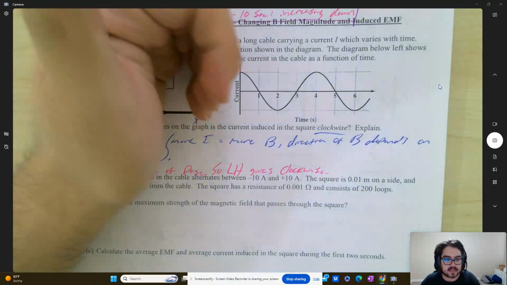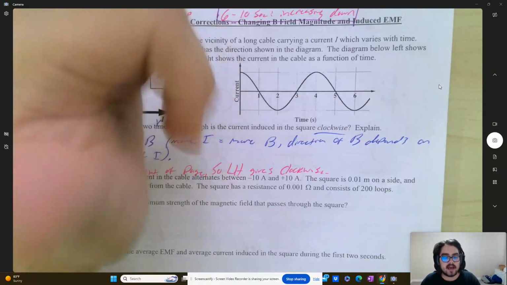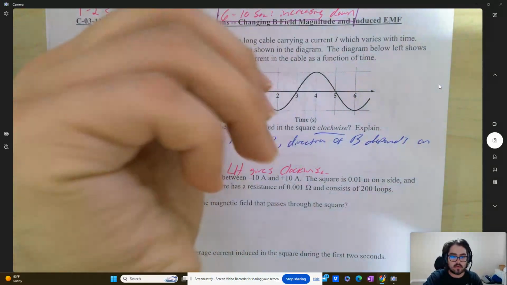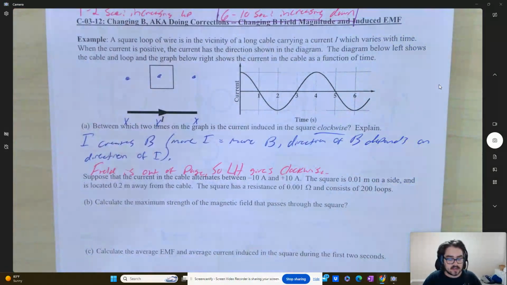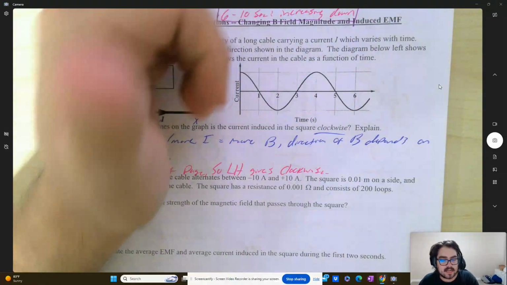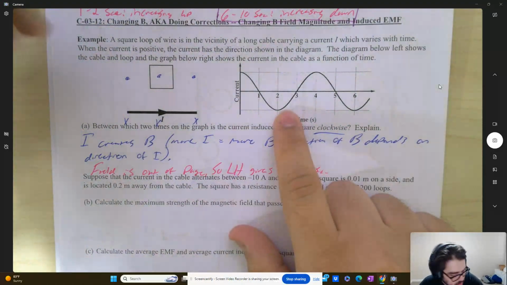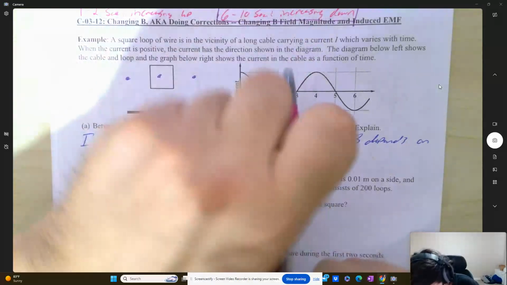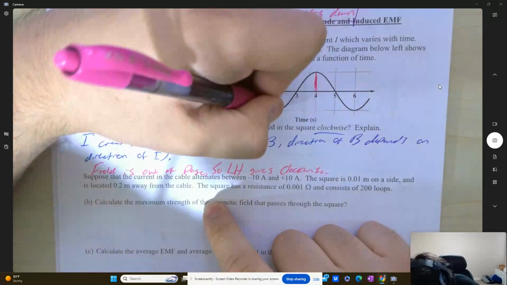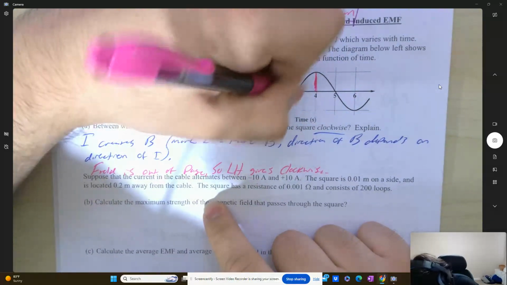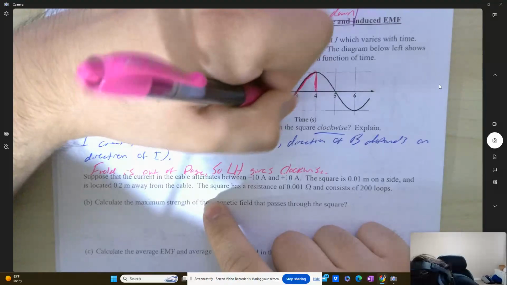So we either need an increasing field out of the page, or decreasing into the page. Well, in this case, we just want an increasing field out of the page. That's going to happen at these times right here, because notice what's happening here is the current is increasing, which is making the B field stronger.